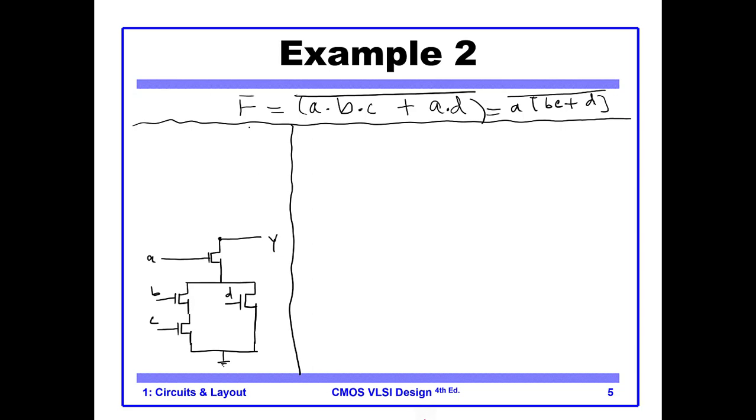The next is our PMOS network, which is the opposite. So we start by drawing B and C, which are in parallel, and then D, which is in series with the whole combination.